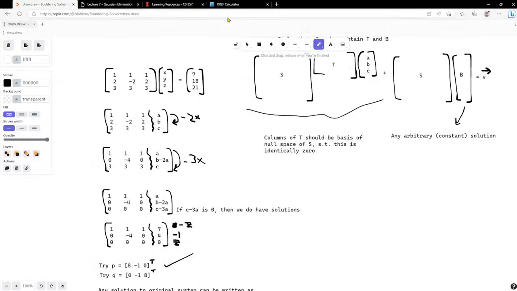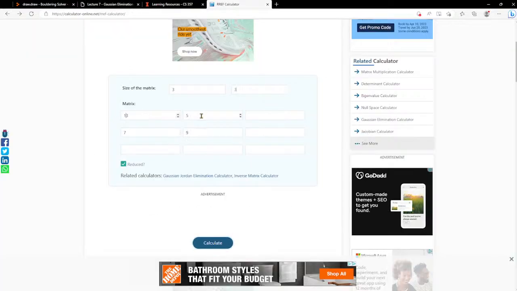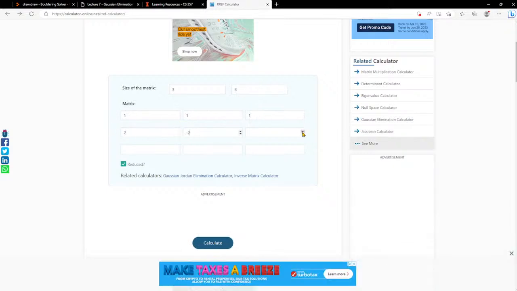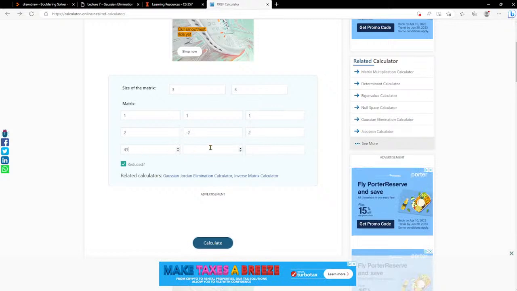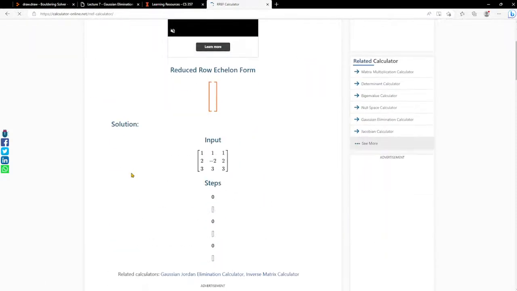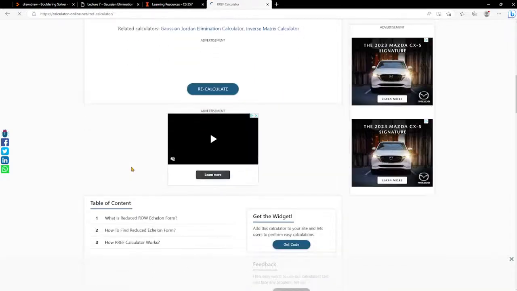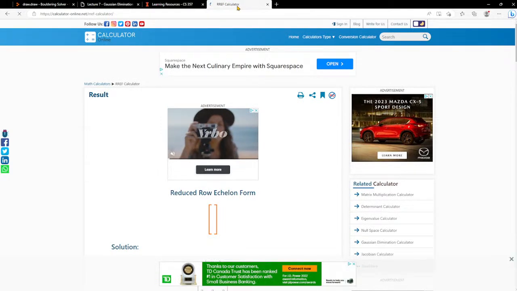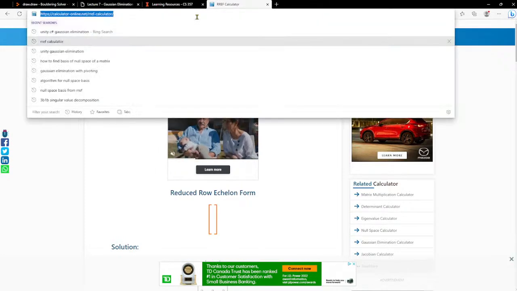So 1, 1, 1, 2 minus 2, 2, 3, 3, 3. Ooh, it doesn't like that. Man, it would be really nice if there was just a routine I could use that implemented RREF, because I can do everything else myself. But I really do just have to write it, I guess. Oh, what am I doing? Of course.